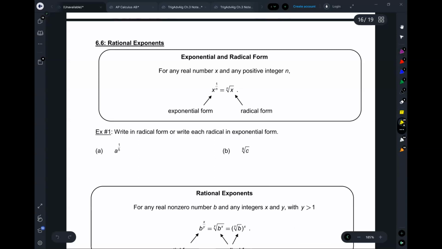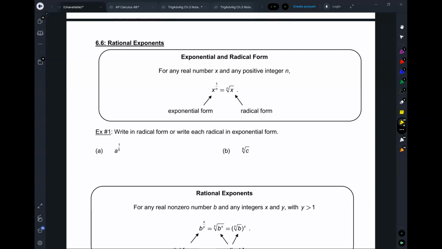If x is a real number and n is a positive integer, then if I have something like x to the power of a fraction, okay, now all of a sudden, until now, we've been dealing with x to the power of 2, 3, negative 4. They've been integers.